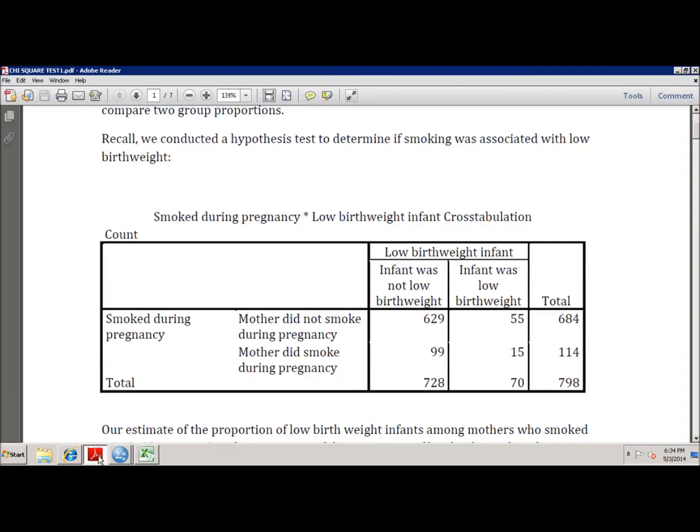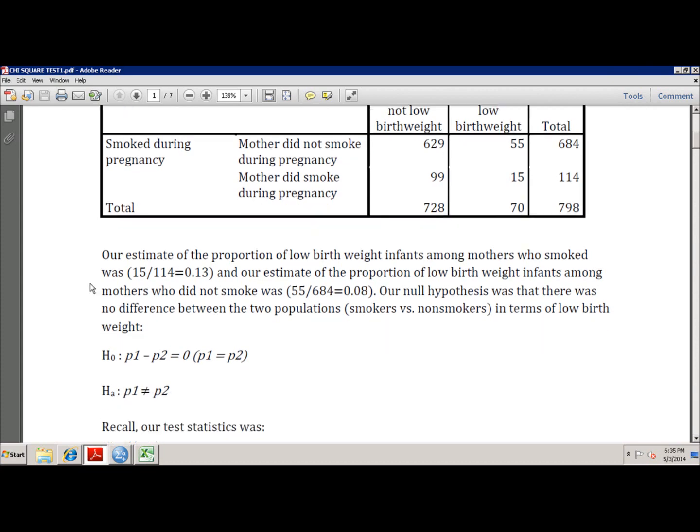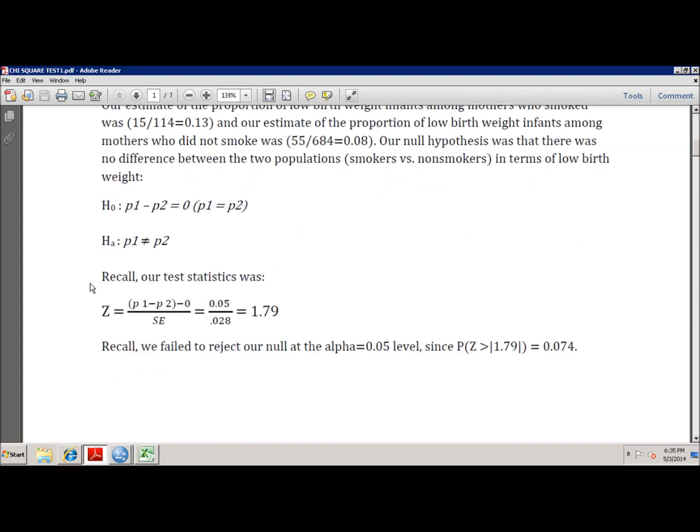Now, similarly, we could look at the proportions. If you guys remember, in the lab and lecture, the class where we compared proportions for two groups, we did the same example with the same 2x2 table. We have a proportion from mothers who smoked, and we have a proportion from mothers who did not smoke. And we can do our z-test and get a p-value the same way we had done previously.